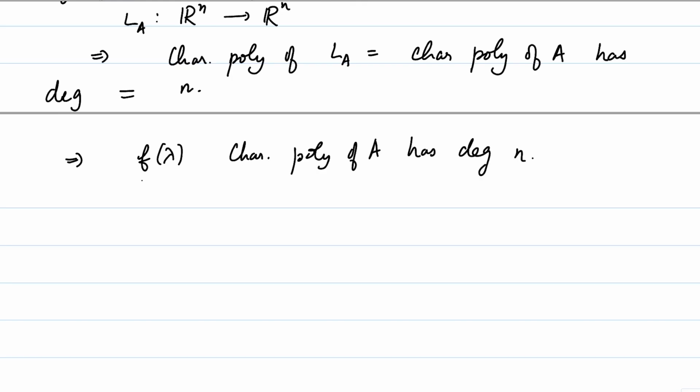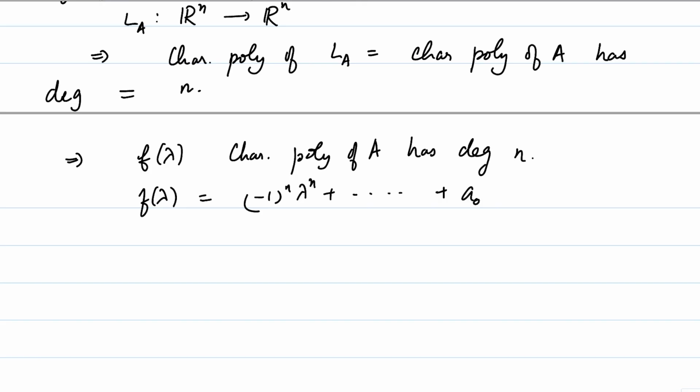So f of lambda is equal to minus 1 to the power n times lambda to the power n plus so on, the lower order terms, plus a0, which will turn out to be the determinant.